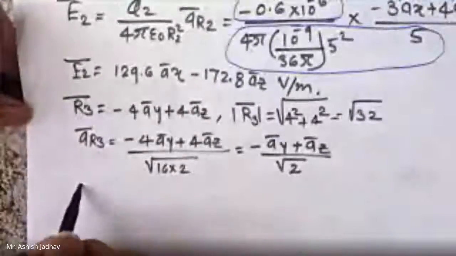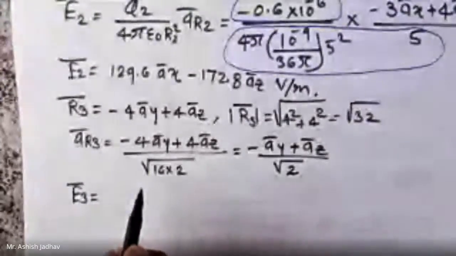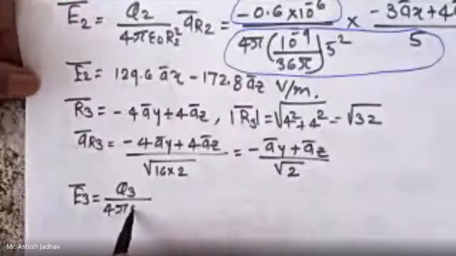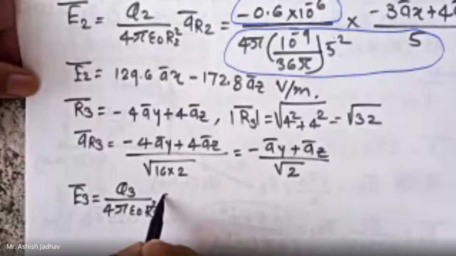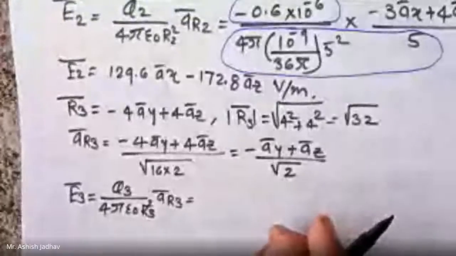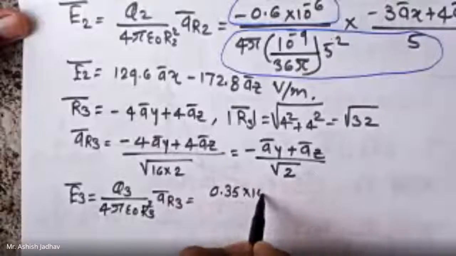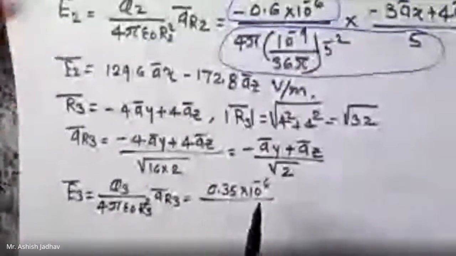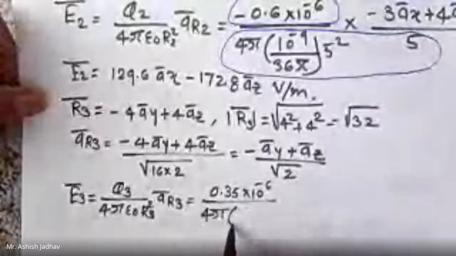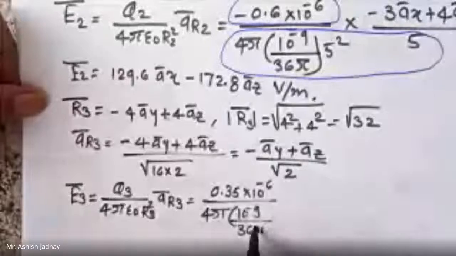So I'm going to calculate now E3. E3 bar is equal to Q3 upon 4 pi epsilon naught R3 square a bar R3. Right. So Q3, what is the value of Q3? Q3 is 0.35 into 10 raised to minus 6, since it is microcoulomb, upon 4 pi into 10 raised to minus 9 upon 36 pi.